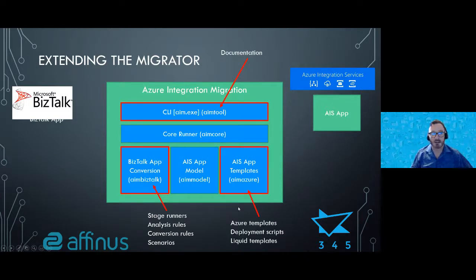Similarly, if there's an error in one of the templates, or in one of the components that's been generated, then you might be looking at the AIM Azure repo, because that's where the definitions for the Azure artifacts are.